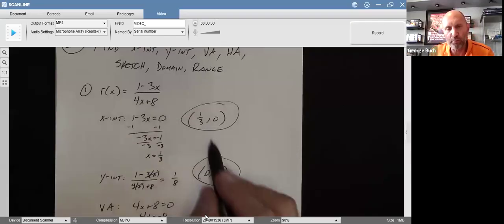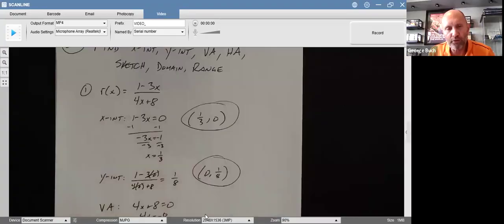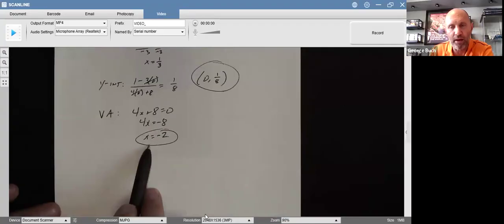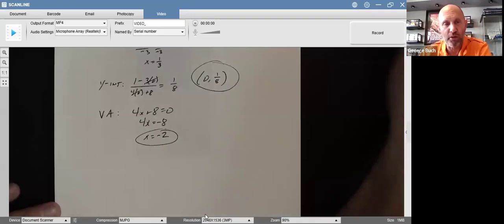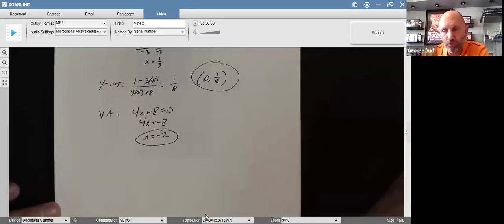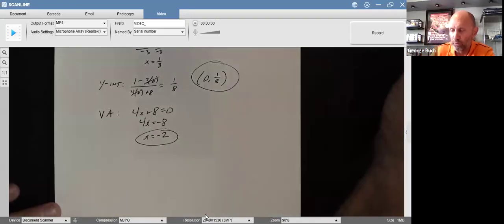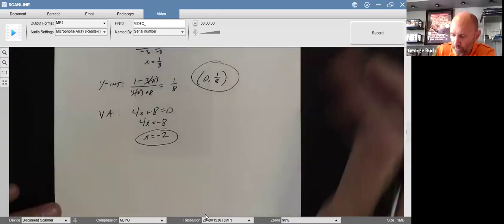Y-intercept we format as a point. Vertical asymptote is a line. So we format it as a line. If on an exam I ask you what's the vertical asymptote and you tell me negative 2, you're going to get docked points off because negative 2 on a graph tells me nothing. Tell me x equals negative 2, so I know it's a vertical line going through negative 2.